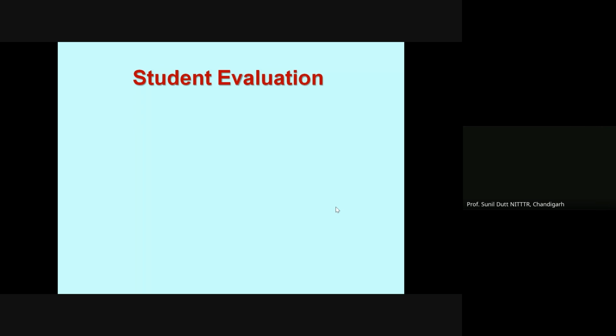Then there is a need to include variety of test items. I'll give you the classification. The types of question can be broken down into two categories depending upon how you expect your student to respond to those questions.